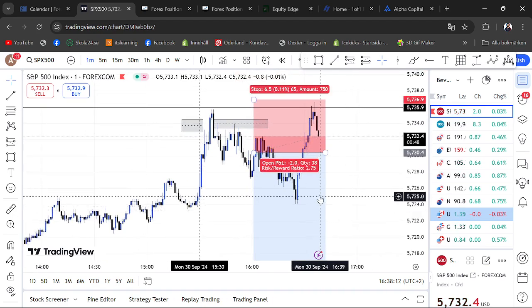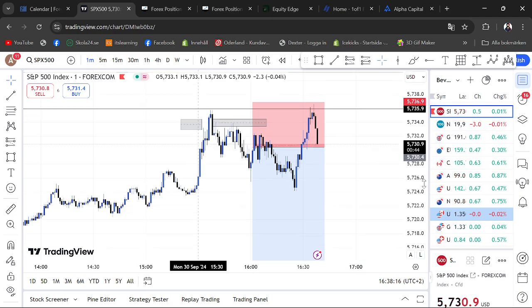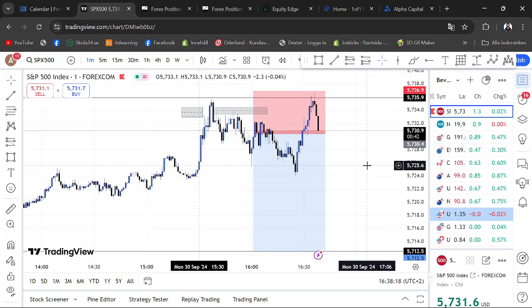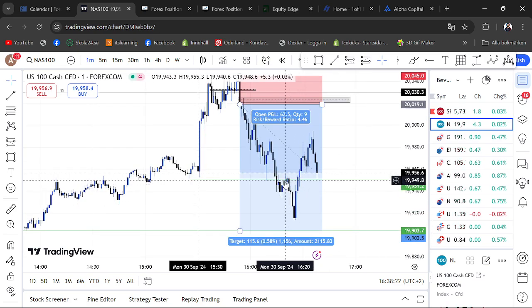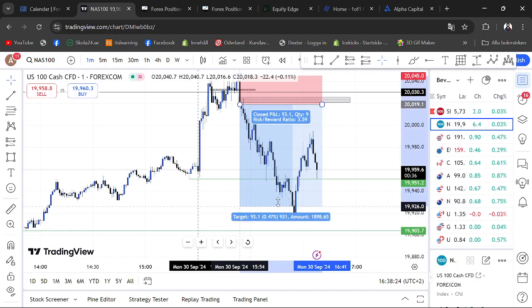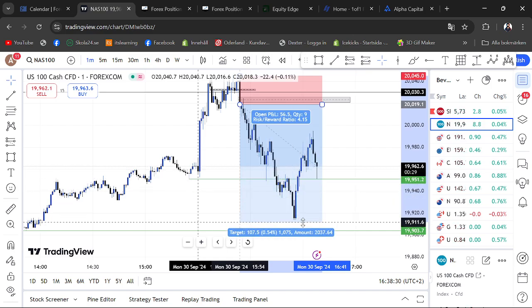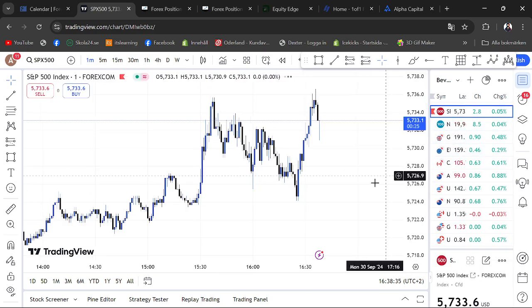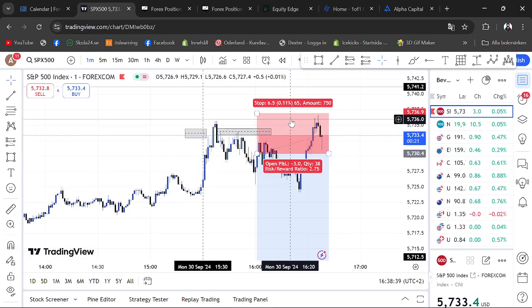Look, it would have been giving me only a 2.75 risk reward ratio, and as you guys can see, we have already hit our take profit over here, which would be a 2.6 RR. But if it had hit our final take profit, that would have been a 4 risk reward ratio instead of S&P 500's 2.7.